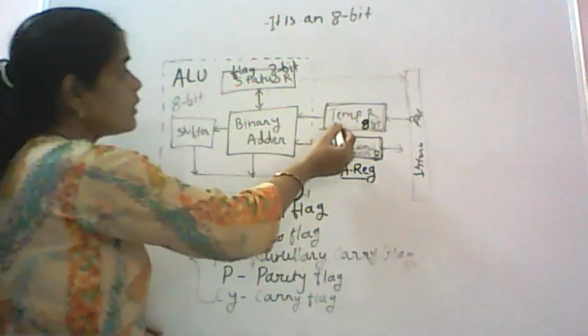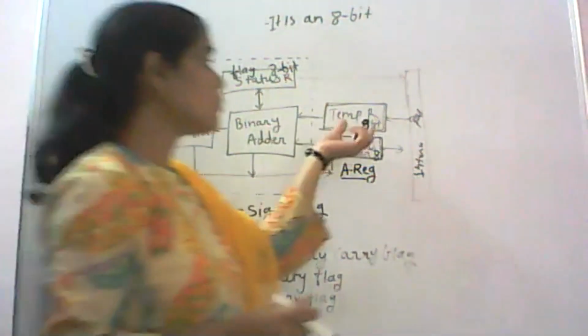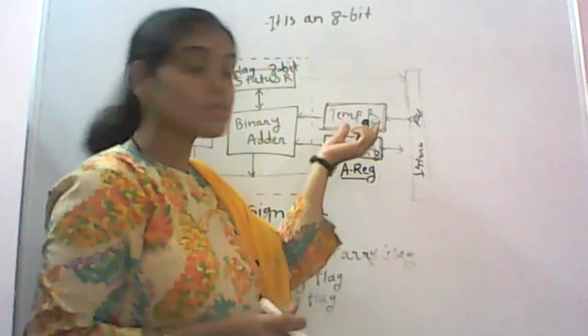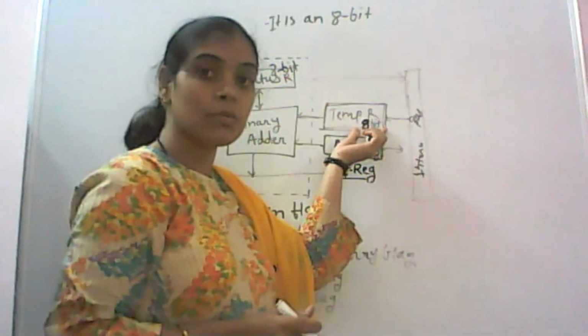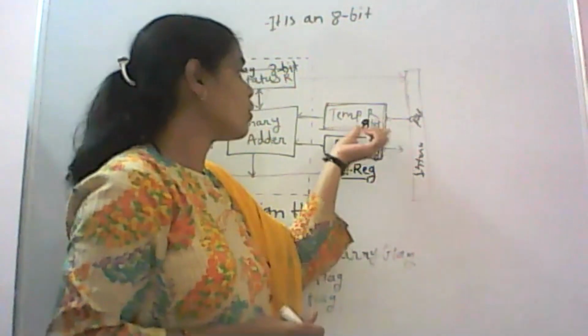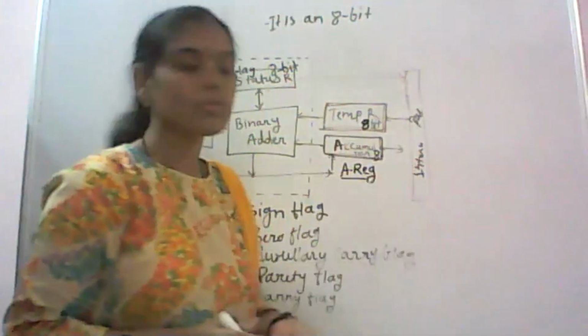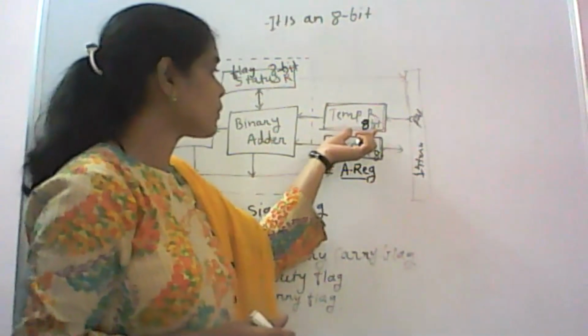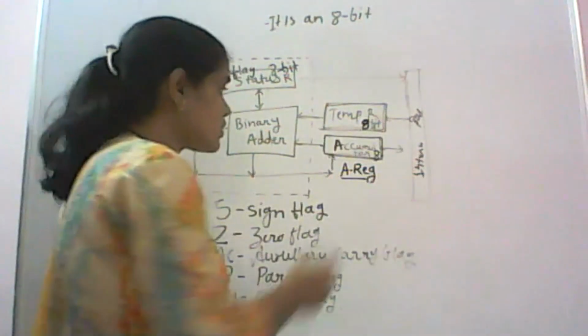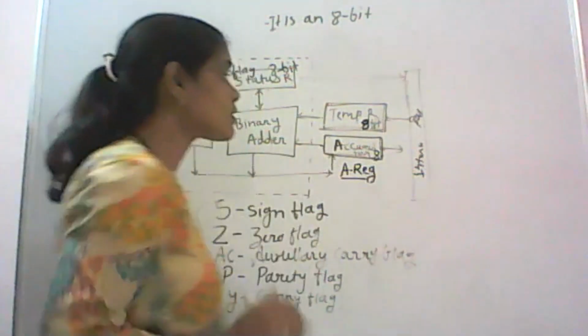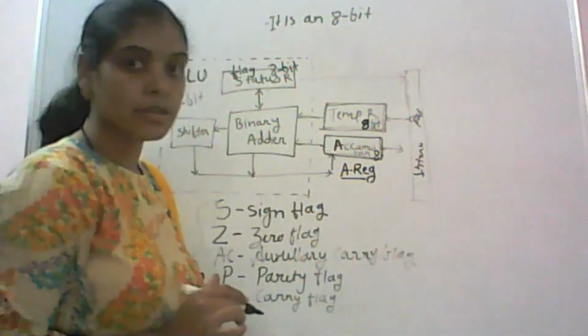After that we see the next block, that is a temporary register. Temporary register stores the temporary data at the time of execution, or you can say holds the data. This register is an 8-bit register. After that we see the next block, that is accumulator.